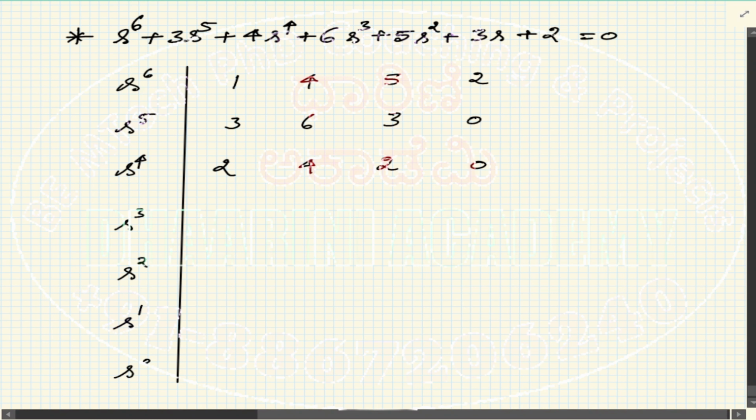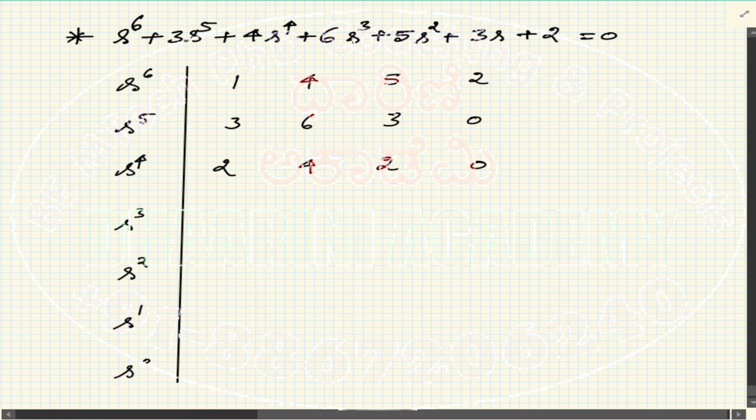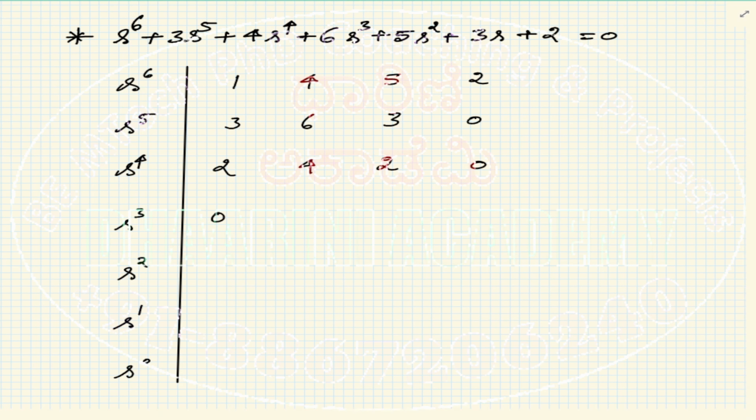That's 2, right? Okay. Right. 12 minus 12 by 2. So 0, right? Okay. 2 into 6.